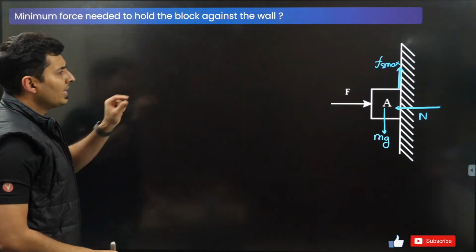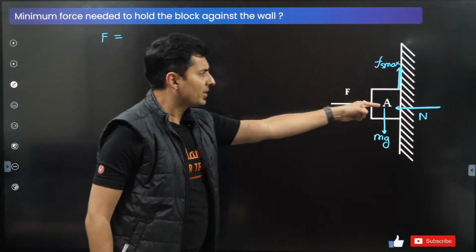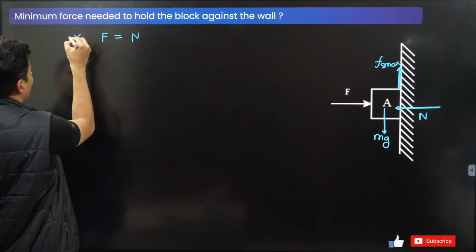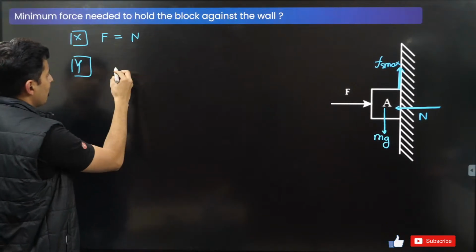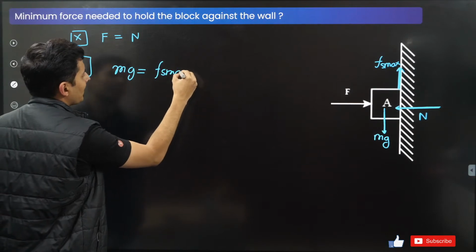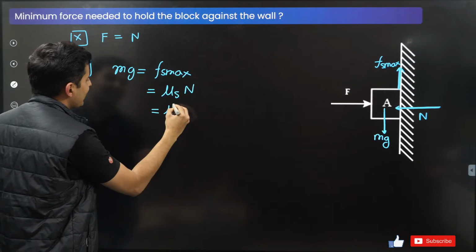So over here, can I say that my force is balancing normal in x direction. In y direction, can I say my mg force down is balancing Fs max? What is Fs max? Mu s into N. What is N, guys?